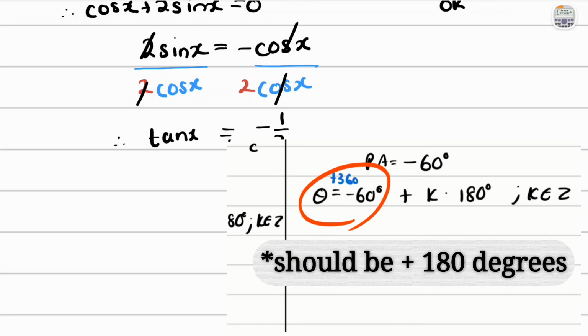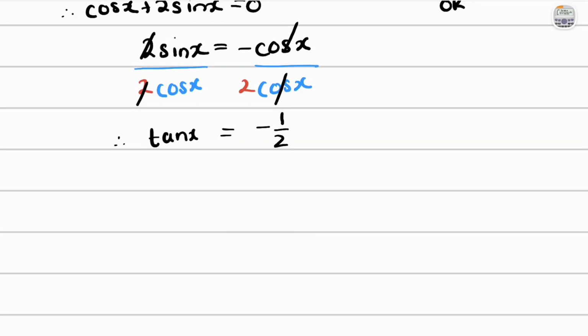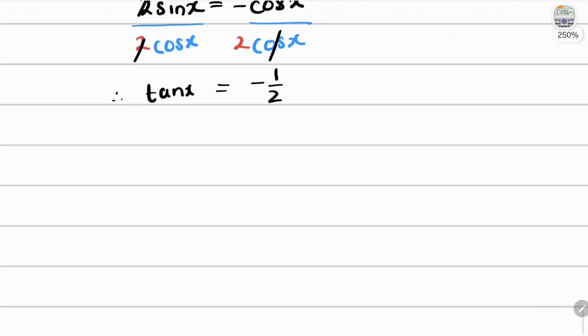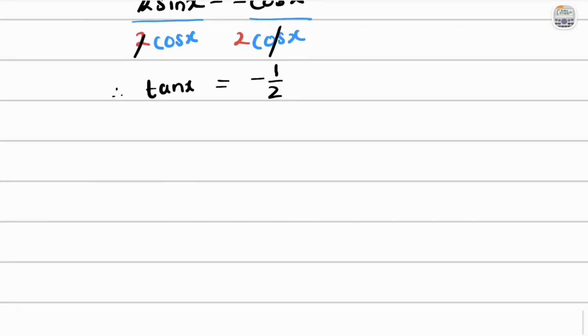It shouldn't be plus 360 degrees, it should be plus 180 degrees that you add, because the tan graph will repeat itself every 180 degrees. So for the sake of understanding, let's go ahead and use that quick method over here, and instead of the quadrant method, so that you can understand what I mean by plus 180 degrees.